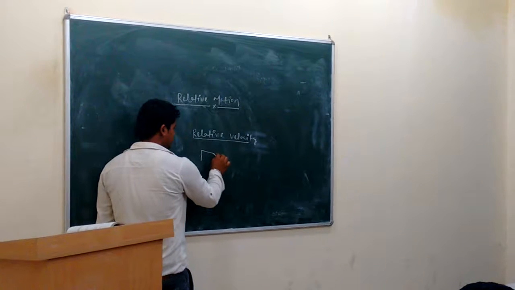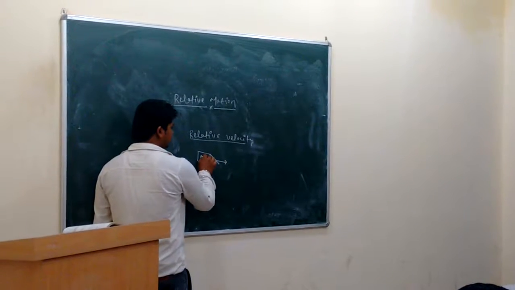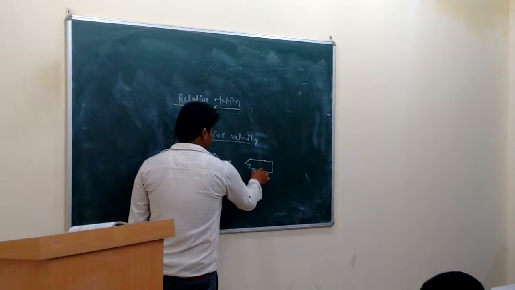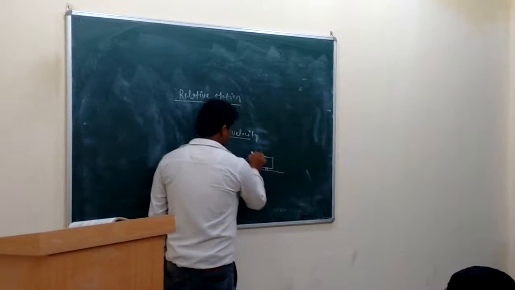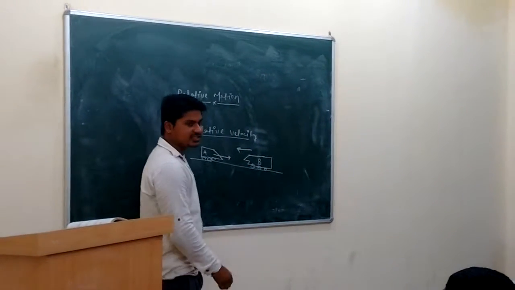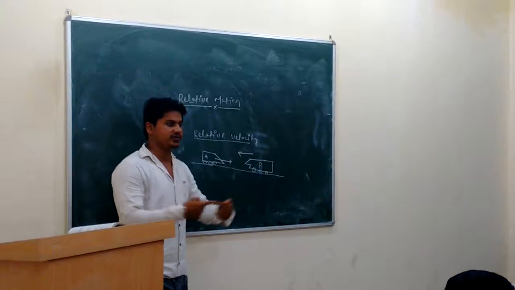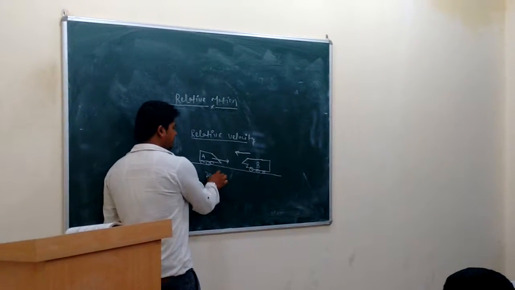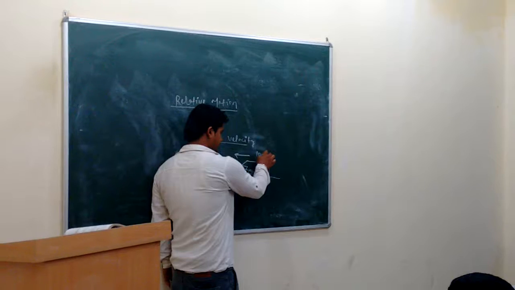Let this be a body A and this be a body B. They are on the same track, but the directions of the two bodies are opposite. Suppose body A is moving with 20 meters per second and body B is moving with 10 meters per second.